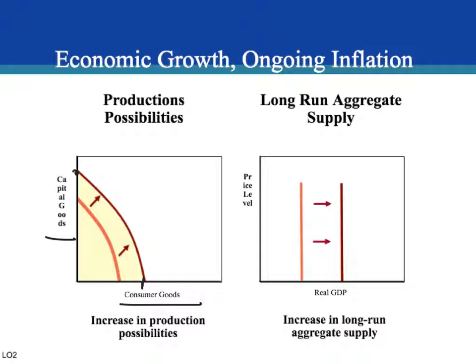And so long run aggregate supply is constantly shifting. It's not the price level that affects long run aggregate supply, it's increases in production possibilities.